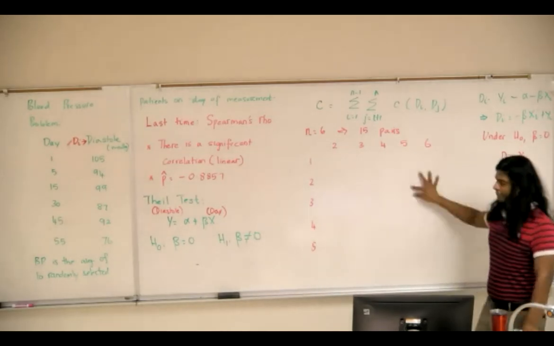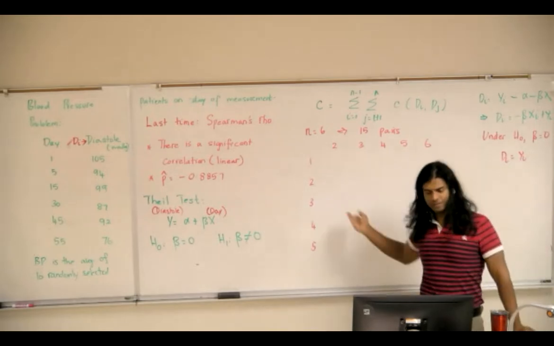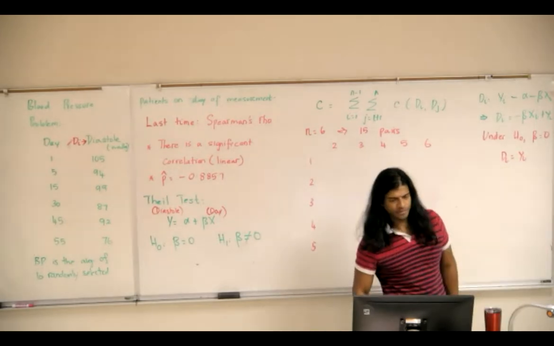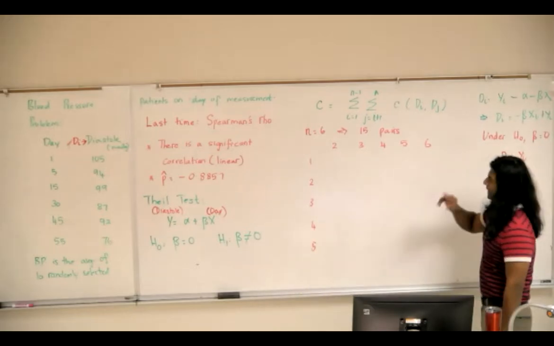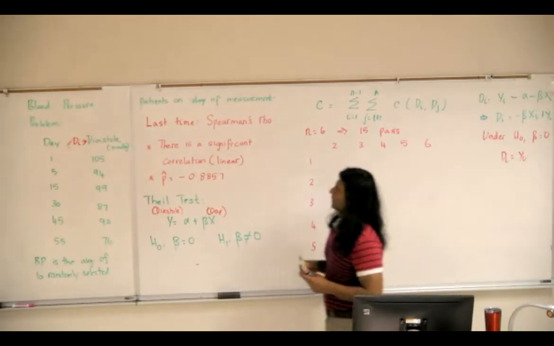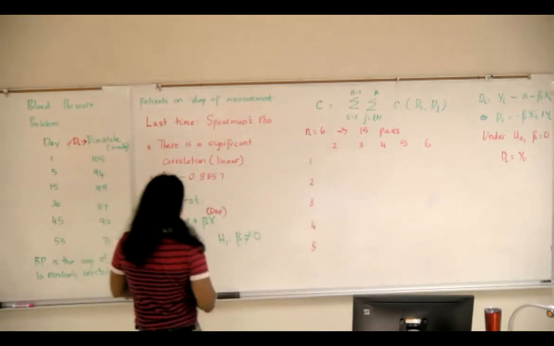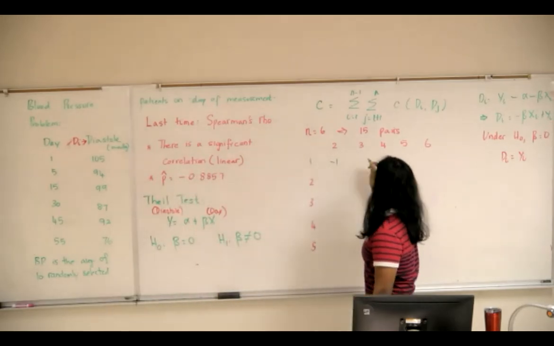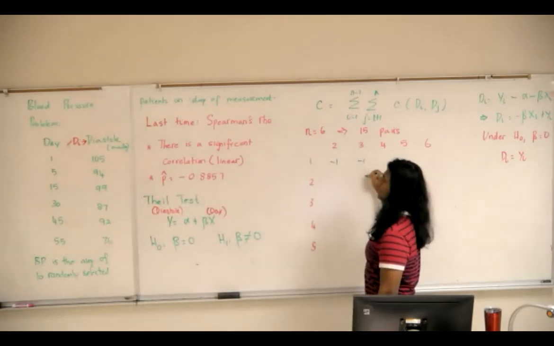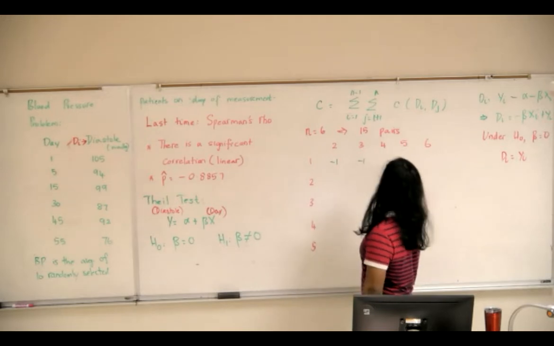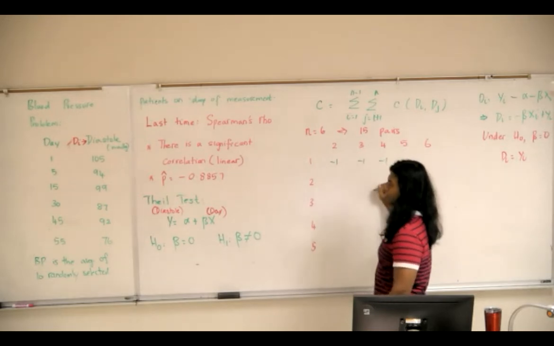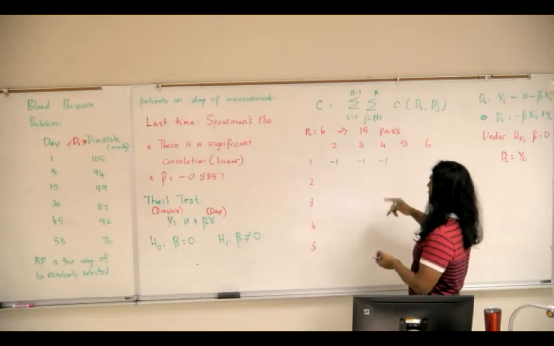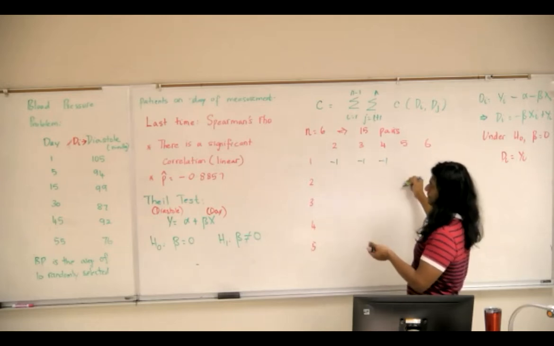Let's go ahead and fill this up. It would just be an upper triangle. So we simply have to look at the differences. 94 minus 105 will give me -1, 99 minus 105, -1, 87 minus 105, -1, in terms of the sign excluding value. I'm just picking the sign.